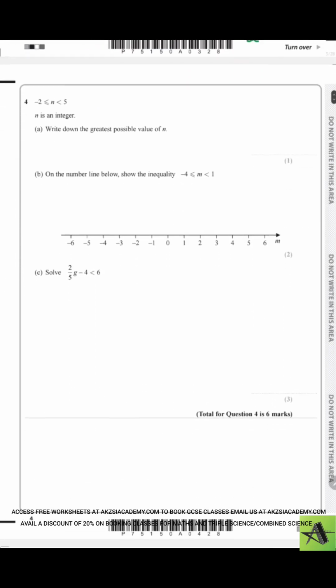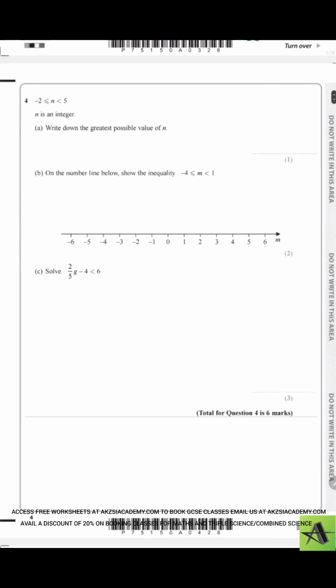Moving on to the next one, this is inequality. It says n is between -2 and 5. That means the value of n is equal to -2 but less than 5. You have to see the inequality sign. 5 is not included at all, but -2 is included. So if I have to write down the greatest possible value of n, it would be 4.